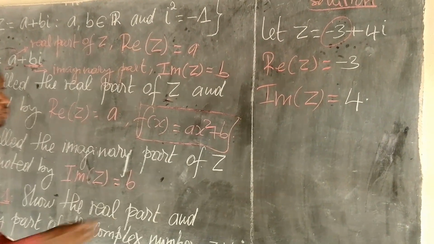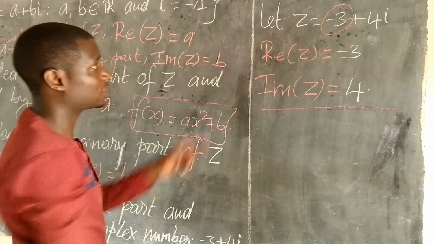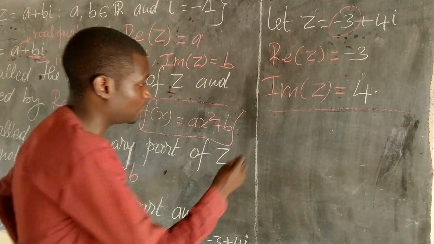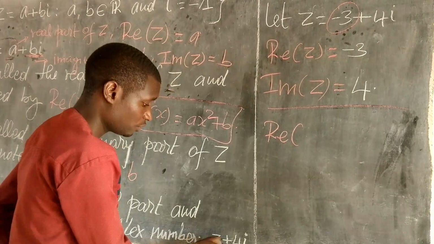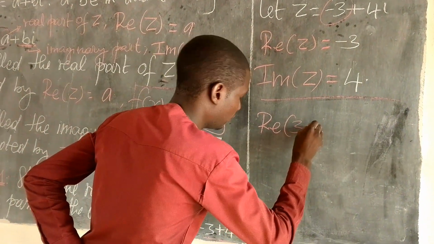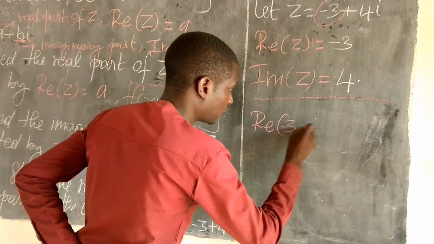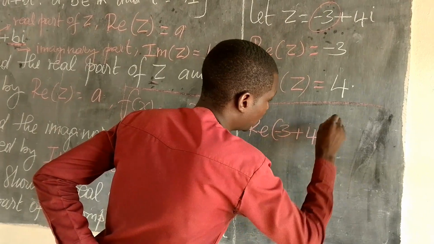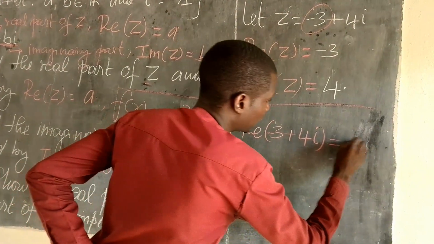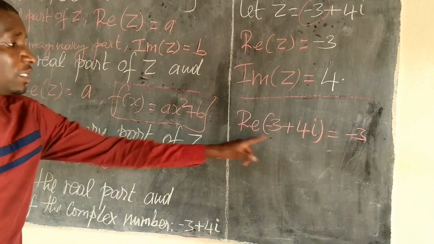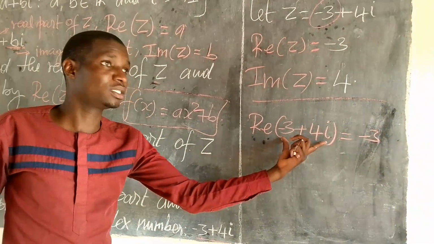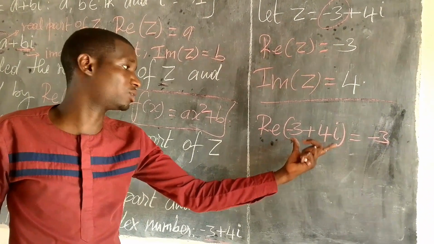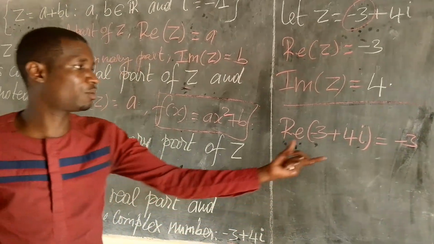Sometimes the notation says it differently: the real part of negative 3 plus 4i equals negative 3, the same as saying the real part of this complex number.